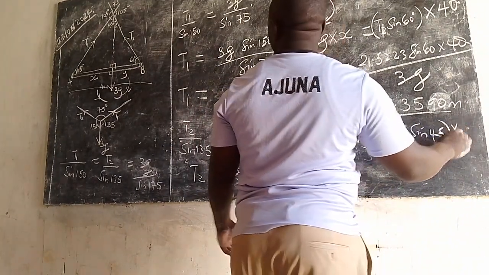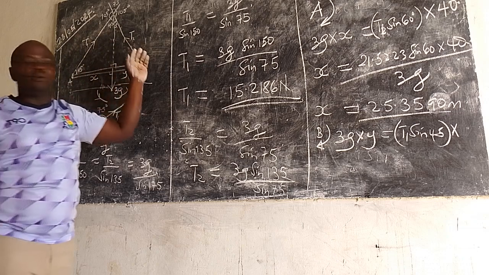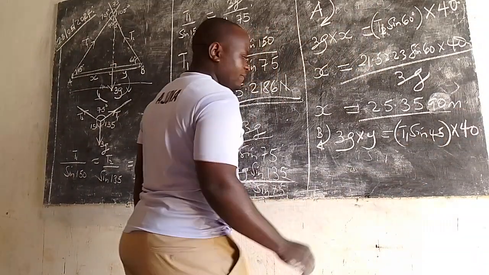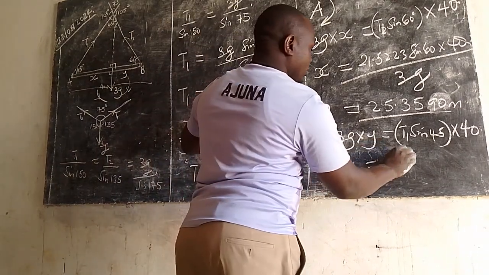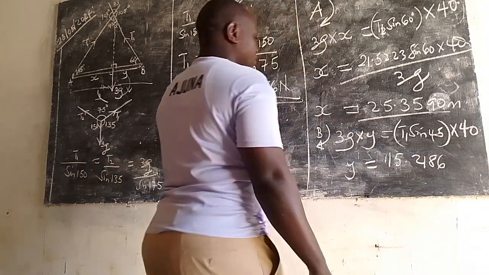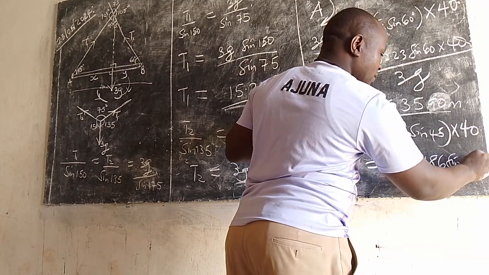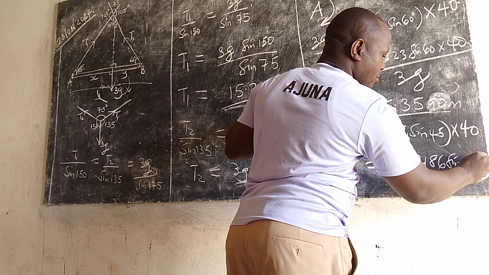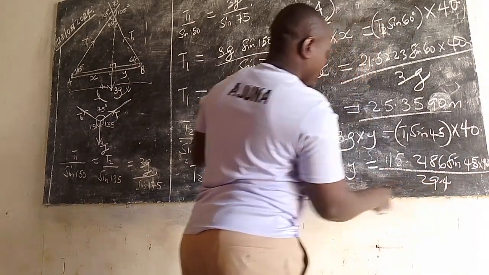Then times now, the distance has to move from here to here, which is of course 40, right? Then my y will be T1, which is 15.2186, sine 45 is root 2 over 2, then times 40, over 3g, which is 29.4.